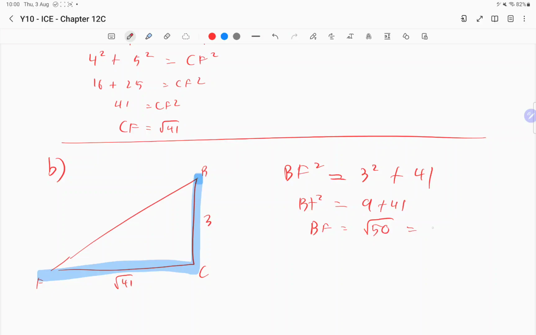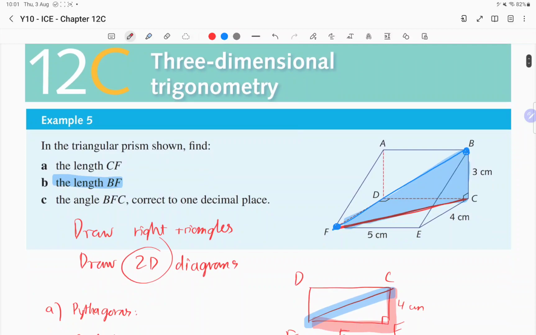If you want to simplify that, you can split it into 25 times 2, because 25 is a perfect square. So that would be 5 square root 2. But either way, square root 50 should be okay as well. Make sure you write the units here as well. So that's how to find BF.